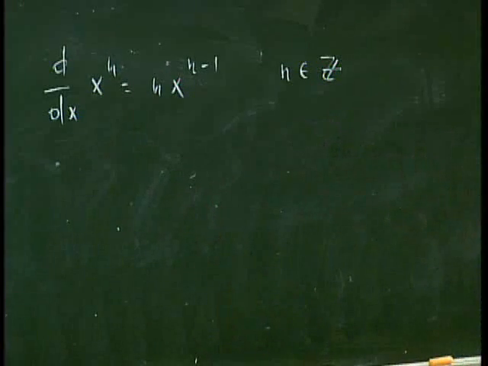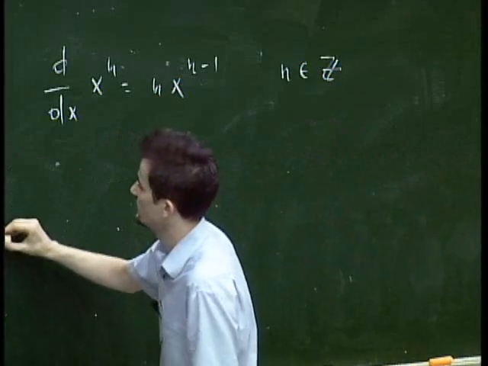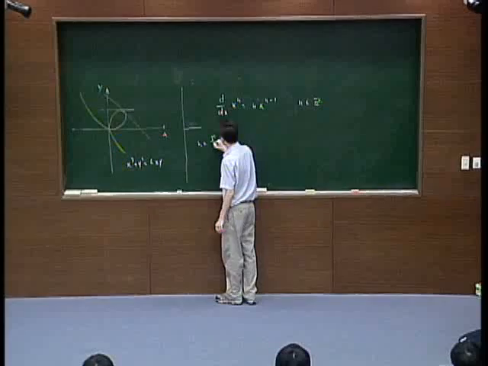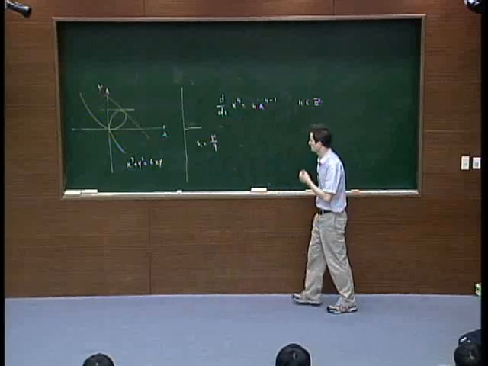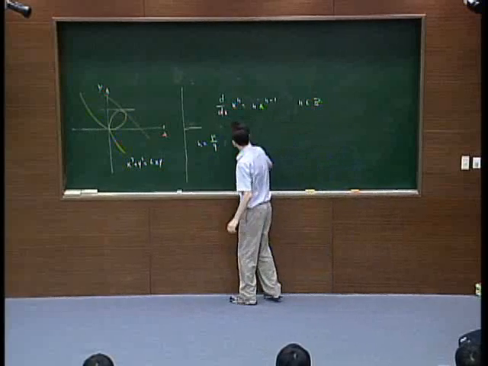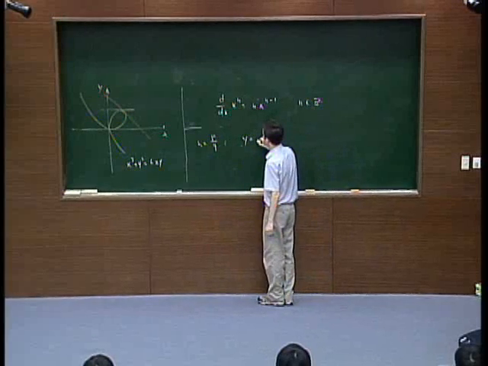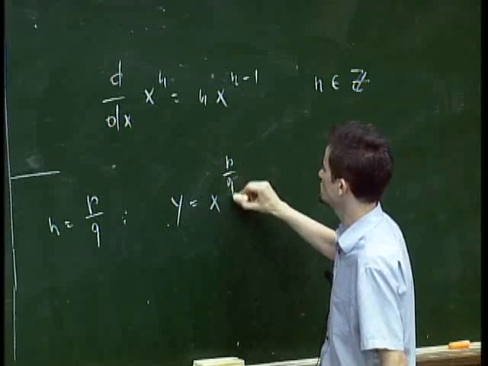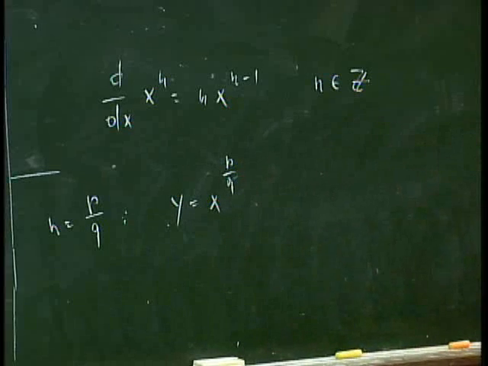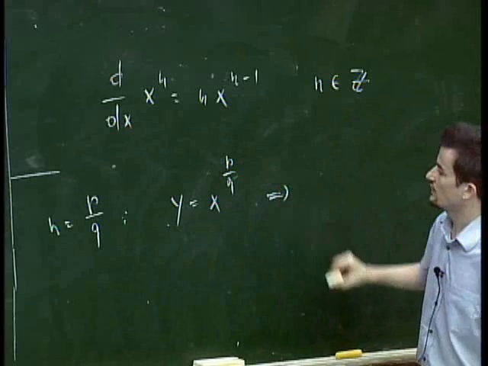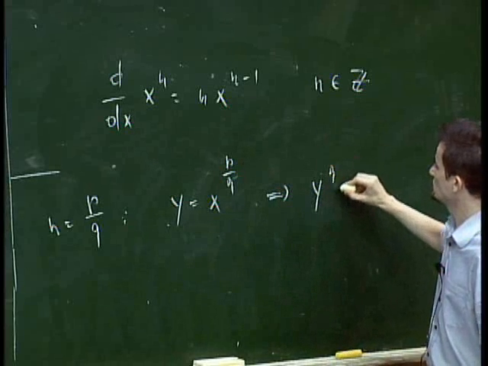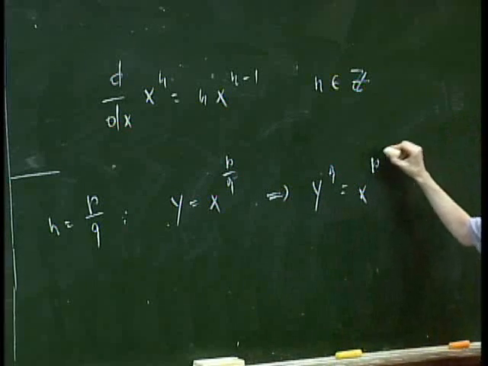Now, if you, for instance, want to handle the case where n is a fraction, in this case we look at the function y is equal to x to the p over q. Now you see that you can write this as y to the q is equal to x to the p.